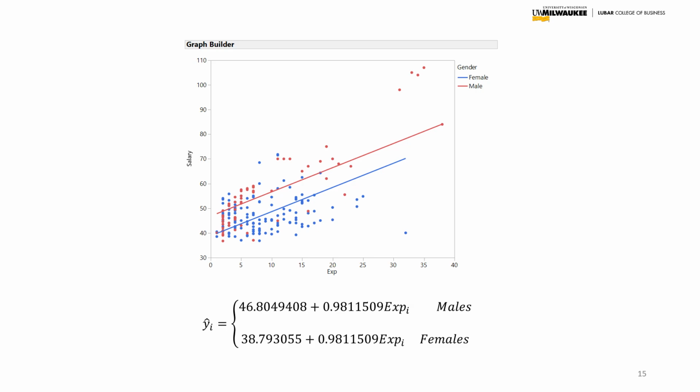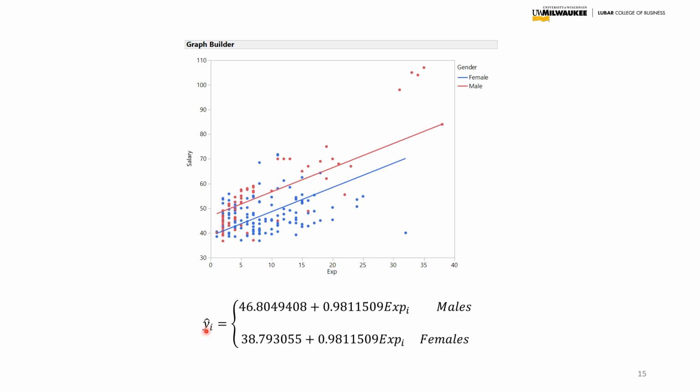If we make a substitution of 0 and 1 for the male variable, we can find two basic lines resulting, one for the male employees and one for the female employees.